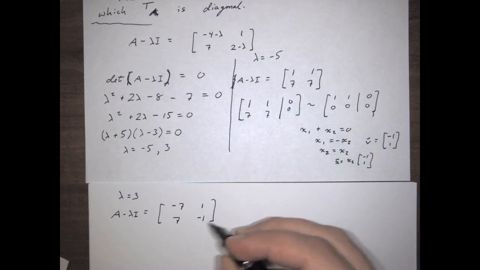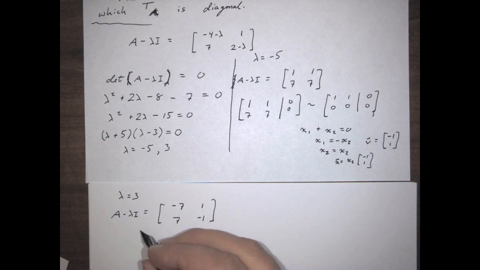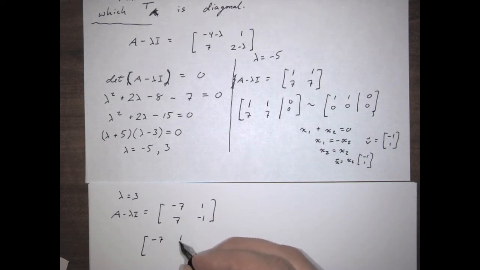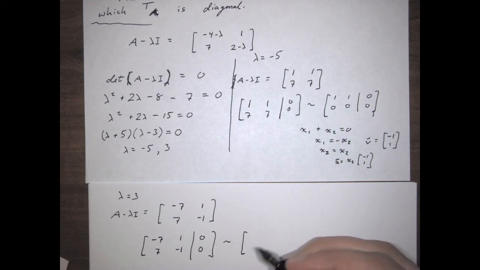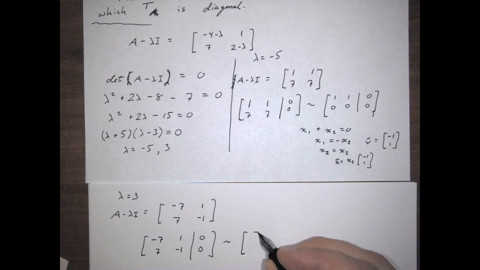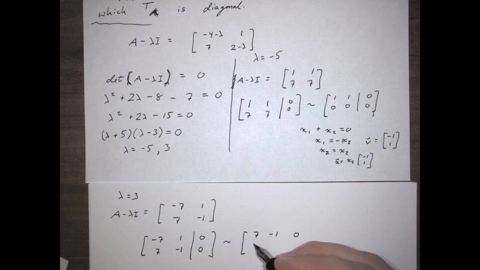And we can see how that's going to go. So negative 7, 1, 7, negative 1, 0, 0. I don't need to RREF this, just getting it sufficiently good that we can actually read off what we need from it is fine by me.